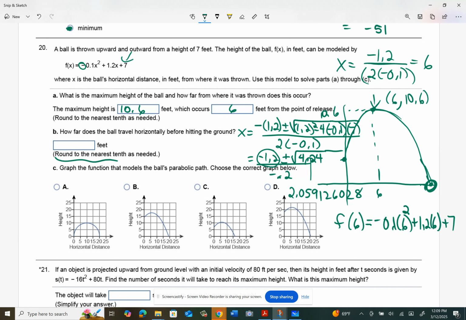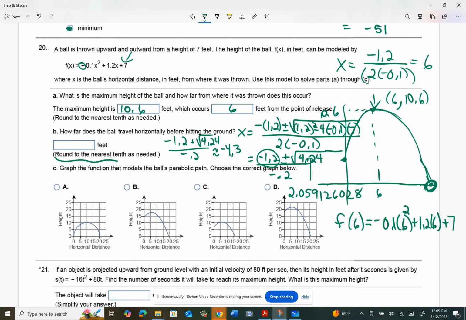Then I'm going to divide it by the negative 0.2, and that gives me one answer. Okay, so when I did the negative 1.2 plus the square root of 4.24 over negative 0.2, I wound up with about a negative 4.3.